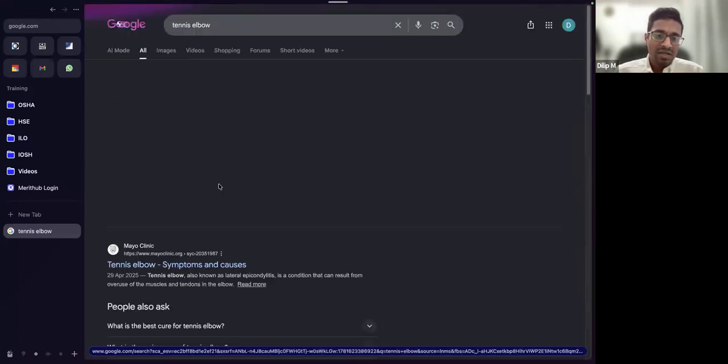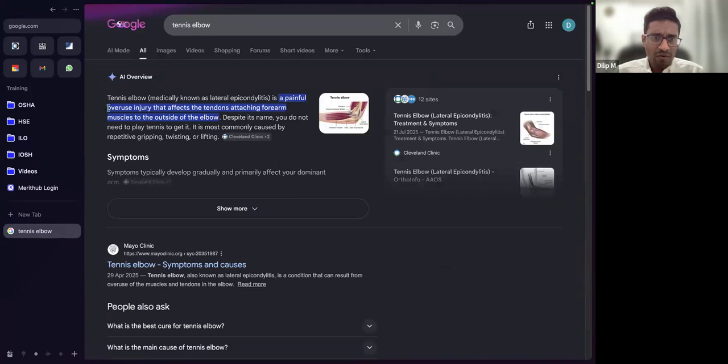It is a painful injury that affects the tendons attaching the forearm muscles to the outside of the elbow, so there would be an inflammation on the outside of the elbow. The reason is, if you look at tennis players, their actions are repetitive. Every few seconds they have to play a shot, and particularly when they play a backhand shot, they put too much force onto the lower part of the elbow, and that causes tennis elbow.